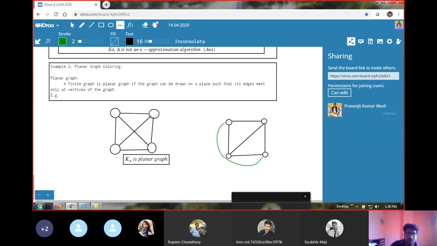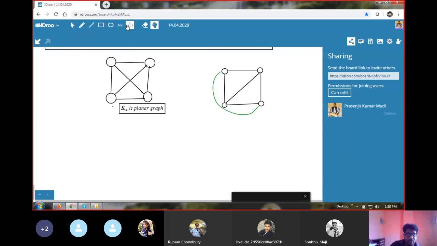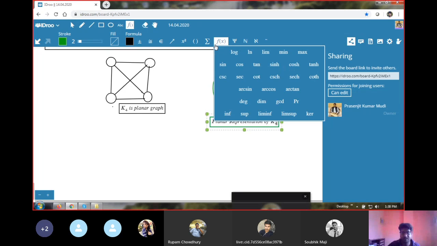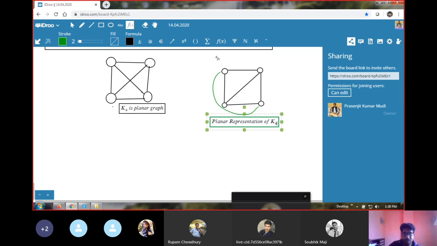Okay, so this is one planar representation of K4. That's why we can say that K4 is a planar graph.